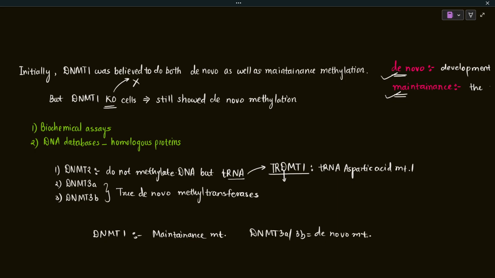Okay, so I hope this is clear to you all. Whenever there is copying of already existing methylation marks, DNMT1 will be playing the role. When there is development of new methylation patterns, then DNMT3a and 3b are working.